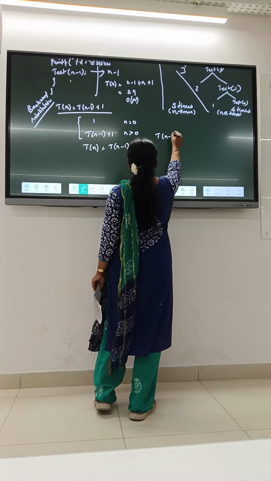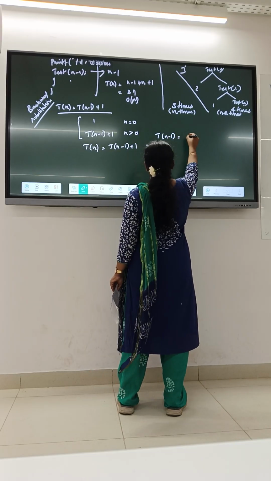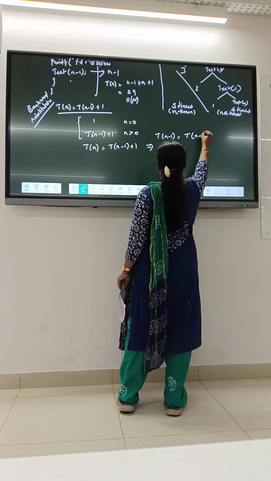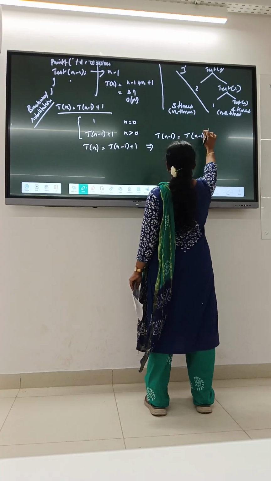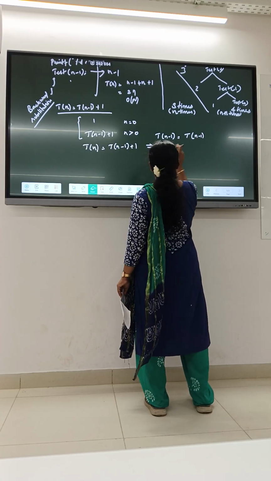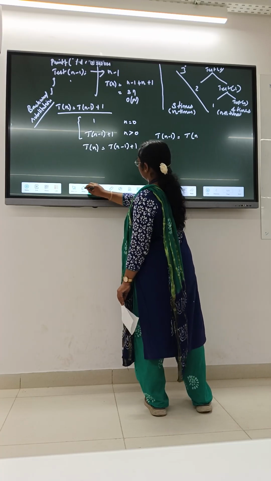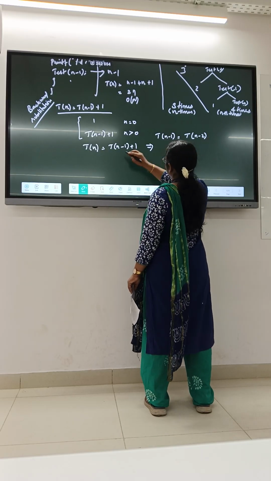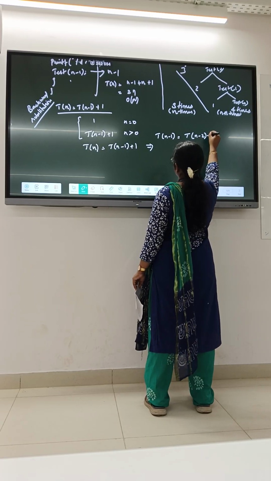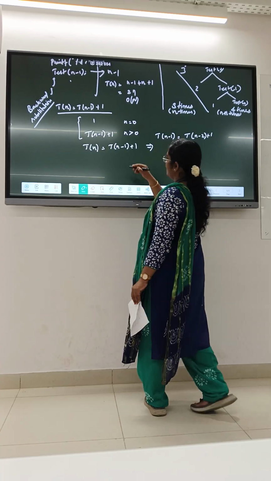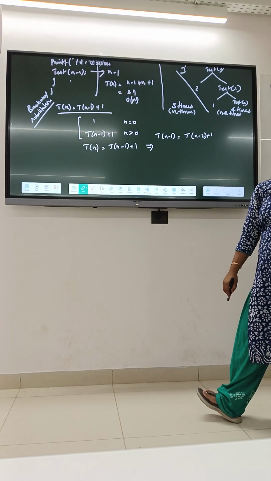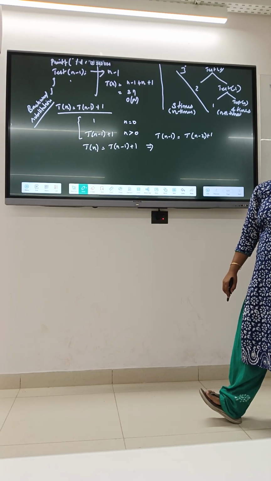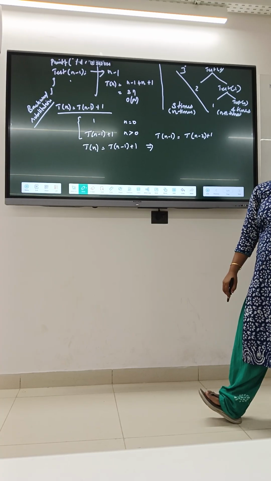T of n minus 1 is equal to T of n minus 1 minus 1, which will be n minus 2, correct? Plus 1, am I right? Is it fine?